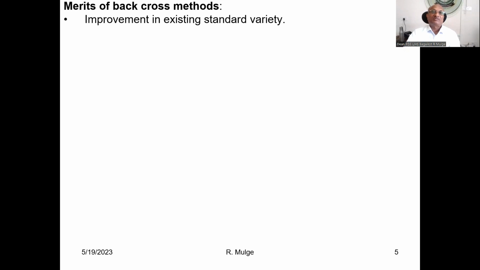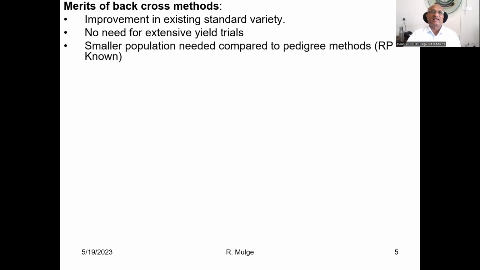So merits of the backcross method: improvement in an existing standard variety. You can do it where one character is lacking; you have got it from the donor parent and have improved that variety. No need for extensive yield trials, because the standard variety is already known. It is already a tested, released variety, except for the character you are transferring. You may need a smaller population compared to the pedigree method, because only one character you are looking at.